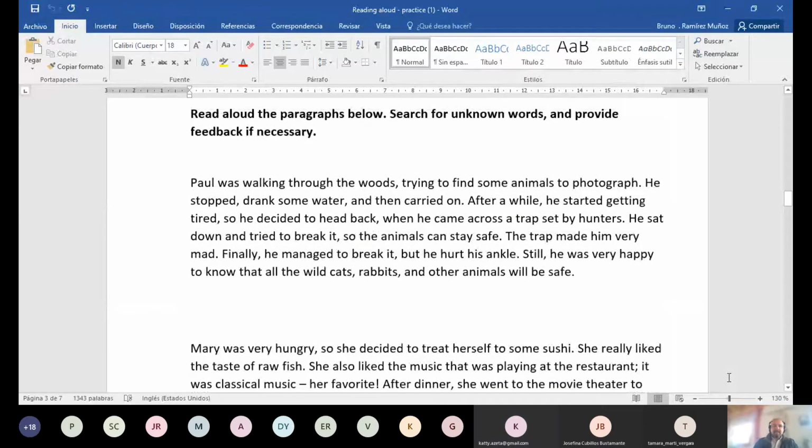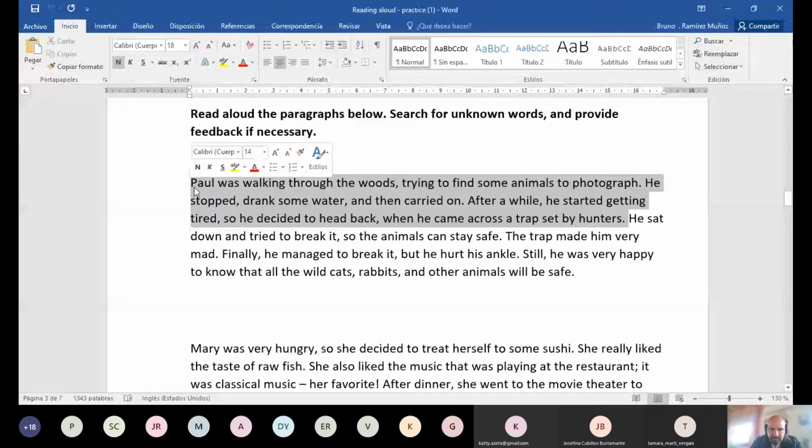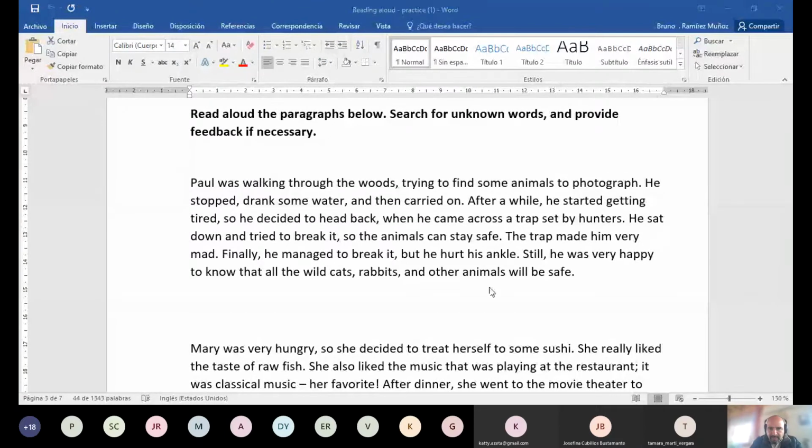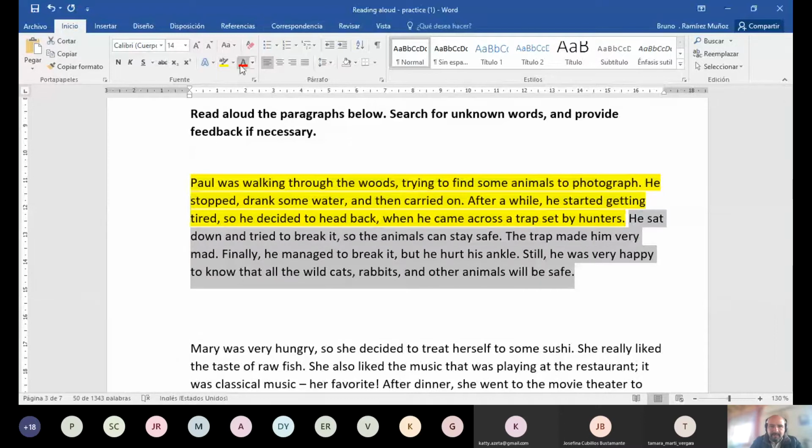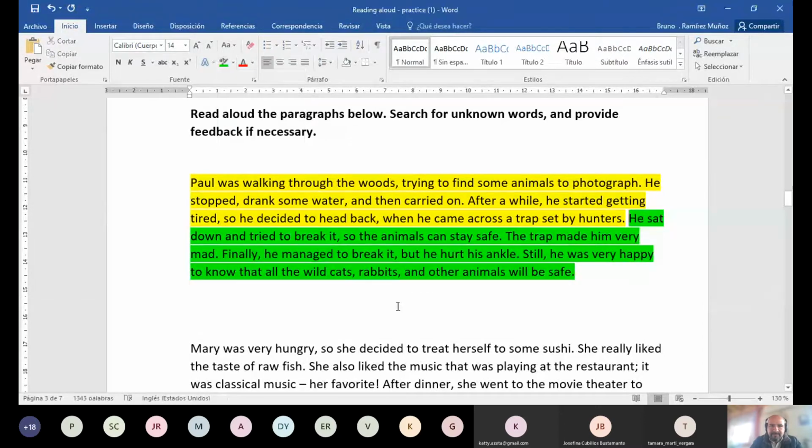Okay, Camilo, take this one. Okay, up to the highlighted section. And the second part, Carla Munoz. So Camilo, the first part, in yellow. All right, Camilo, and Carla, the one in green, please. Whenever you want.